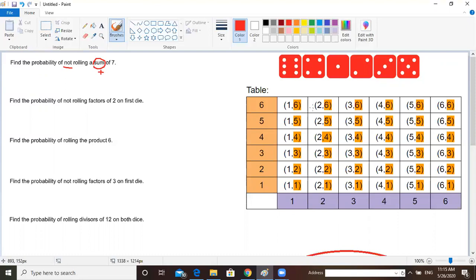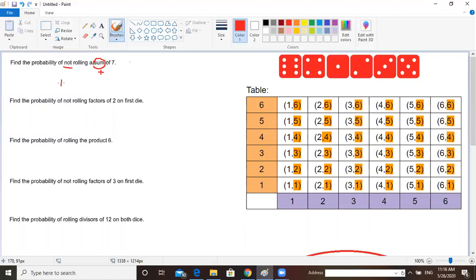Over here, we're going to select any of our numbers that do not equal 7, because that's what we're looking for in our problem. And then, once we count all of our boxes that we checked off, we would get a total of 30.